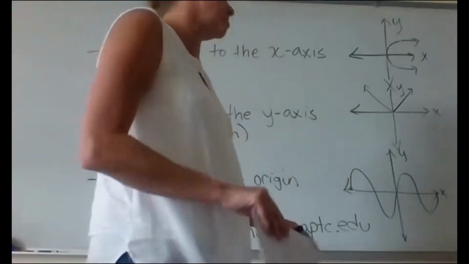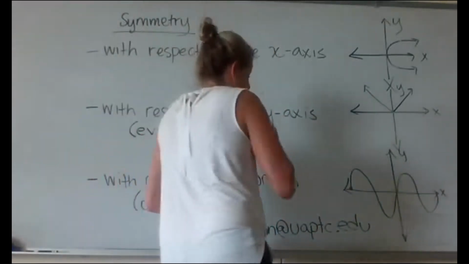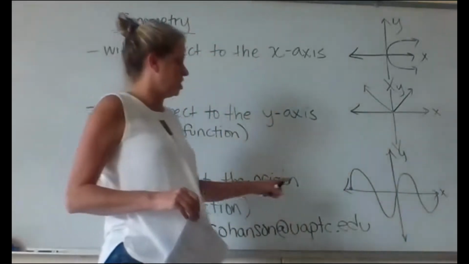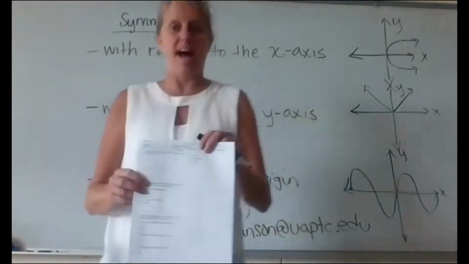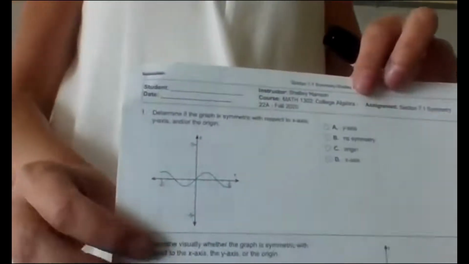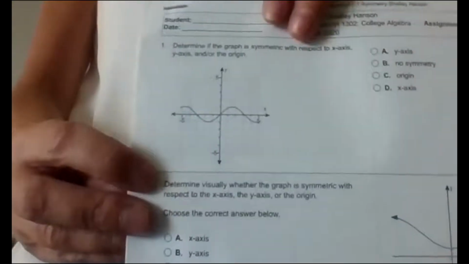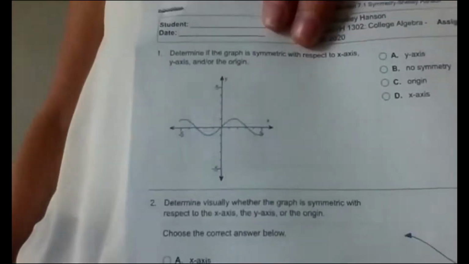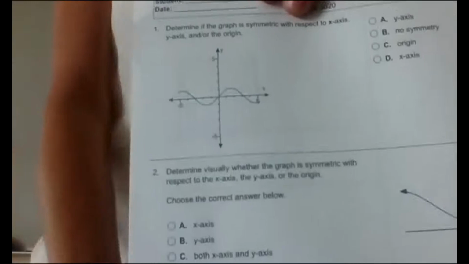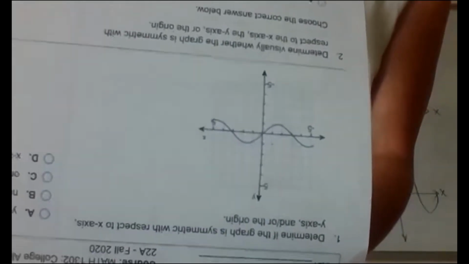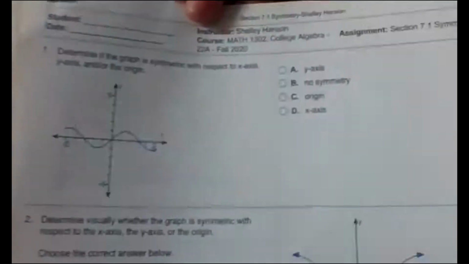I think the easiest way to tell if something is symmetrical with the origin is if you actually have it printed out, like this number 1. If you are symmetrical with the origin, your graph right side up looks exactly like your graph upside down. So if you can turn it upside down and look exactly the same, then you are symmetrical with the origin.